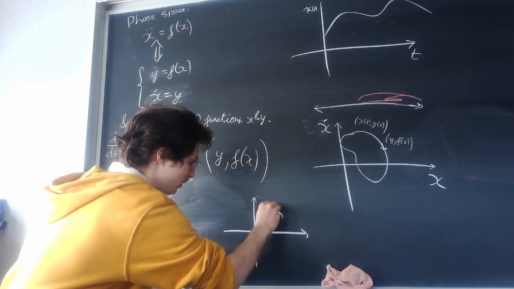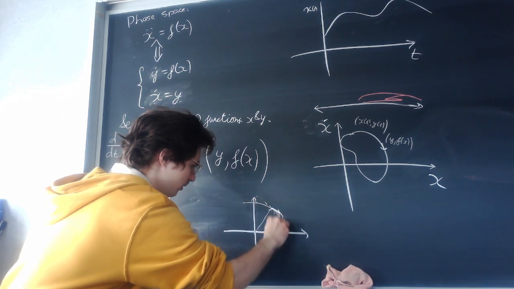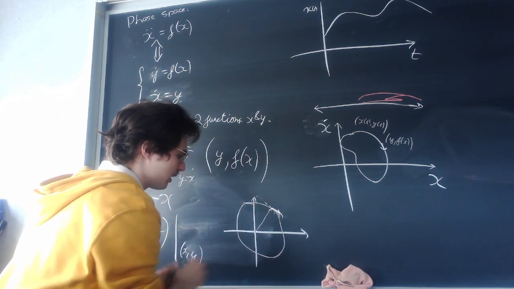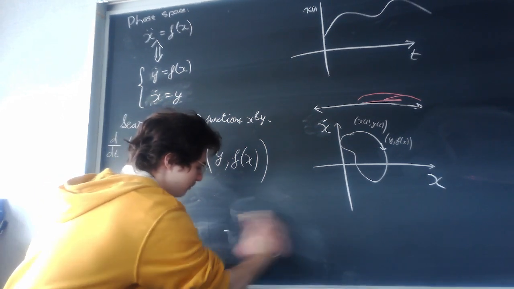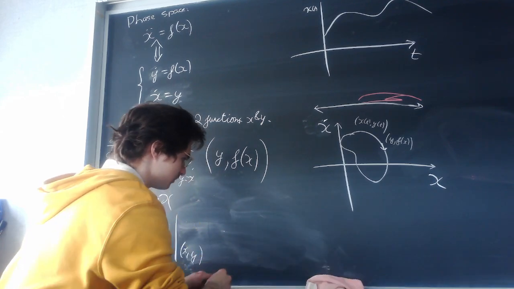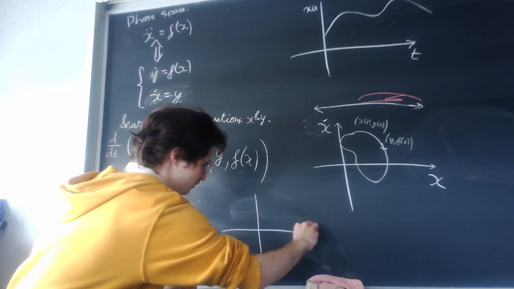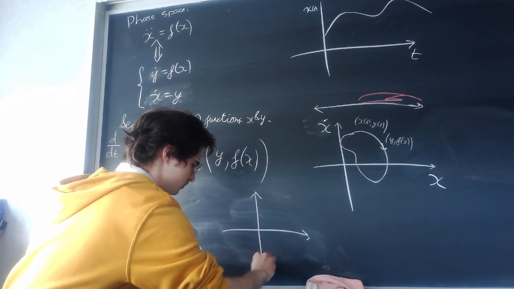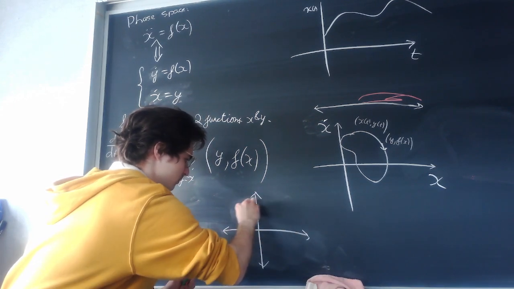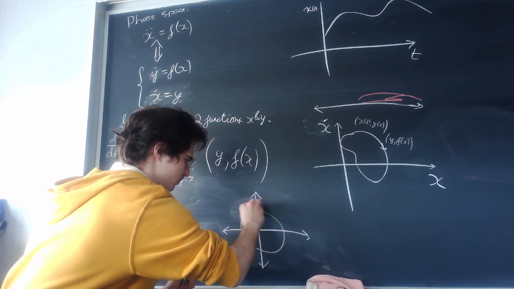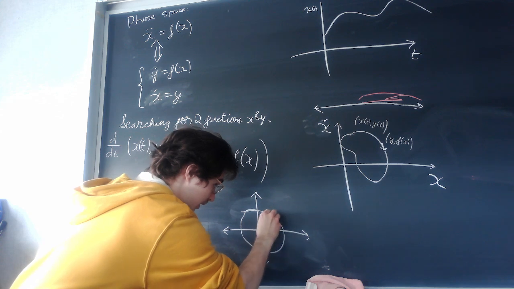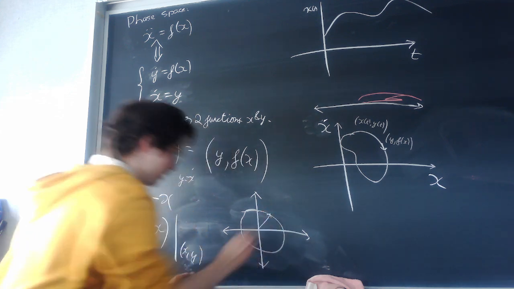Okay, and so if I was to draw a circle, that's a really poor circle. Let me retry. That's an even worse circle, but that's fine.